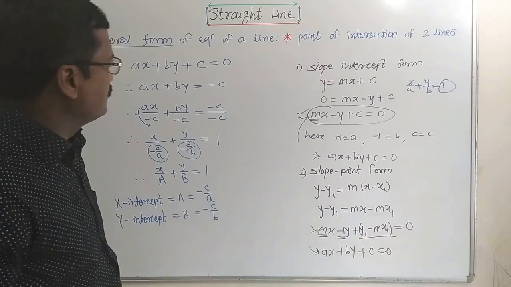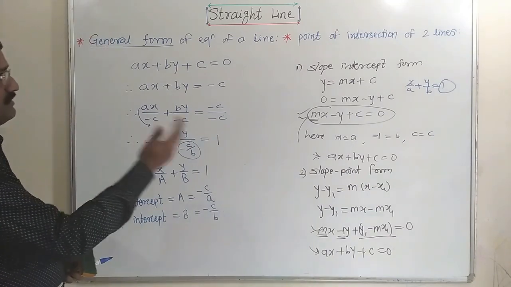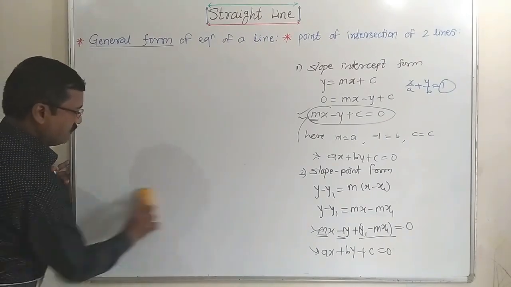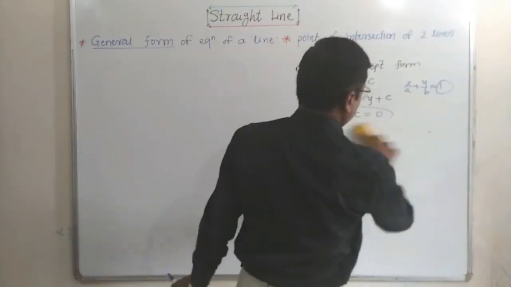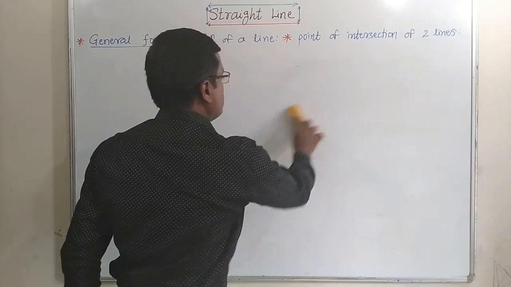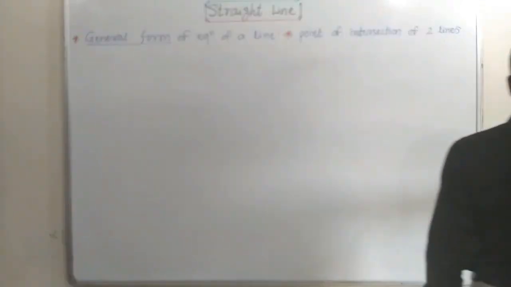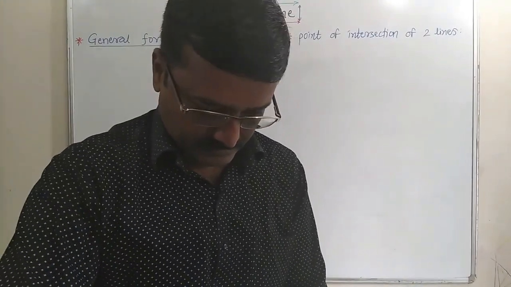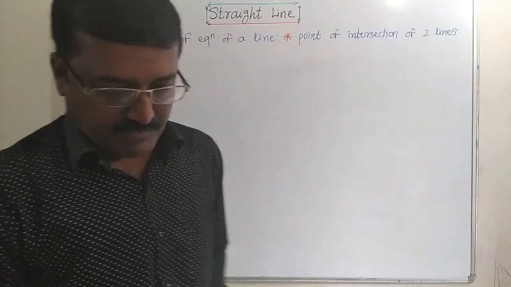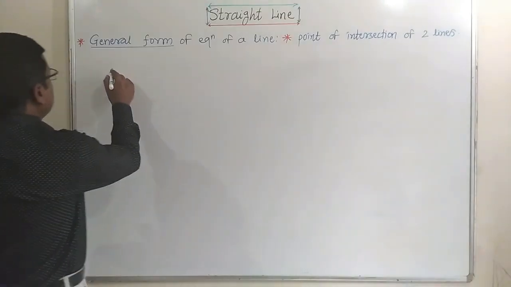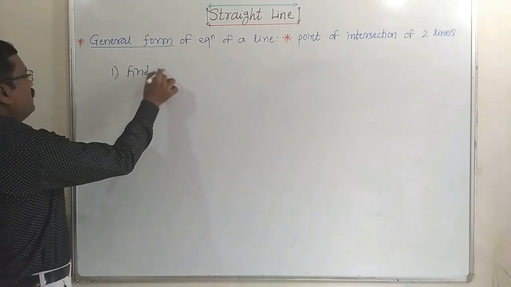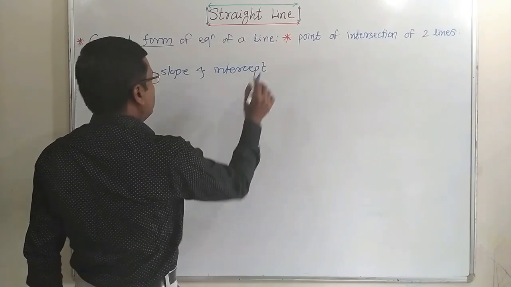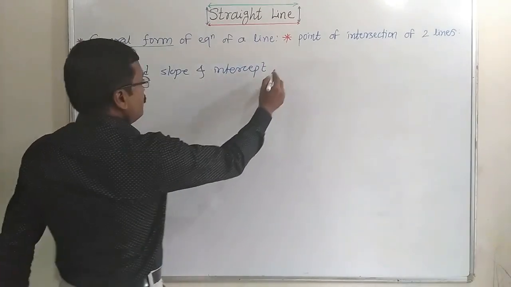Let us see some examples on this general form and the relation between different forms and general form. Find the slope and intercept made by the following lines. Example number 1. Find slope and intercept made by the lines.